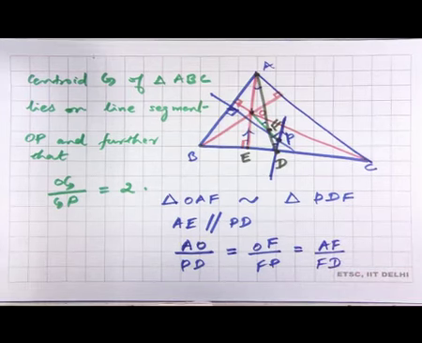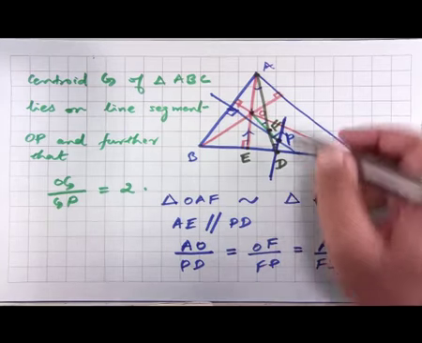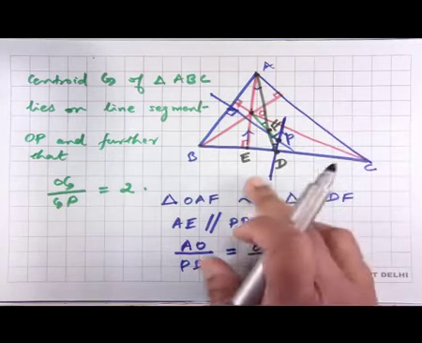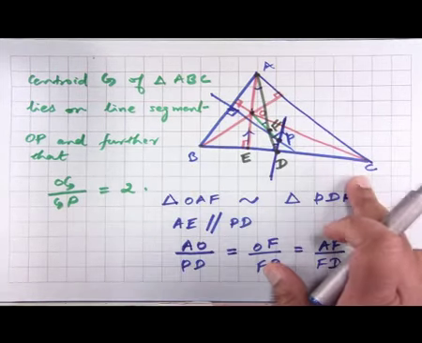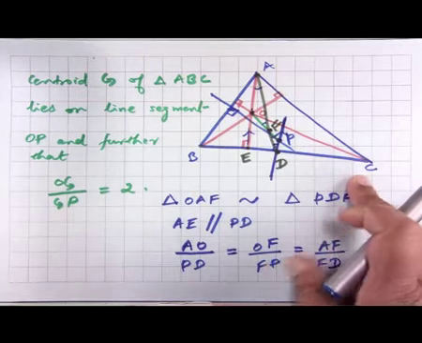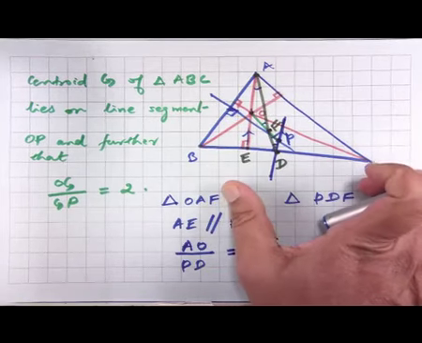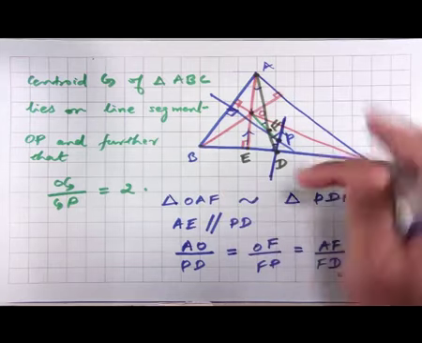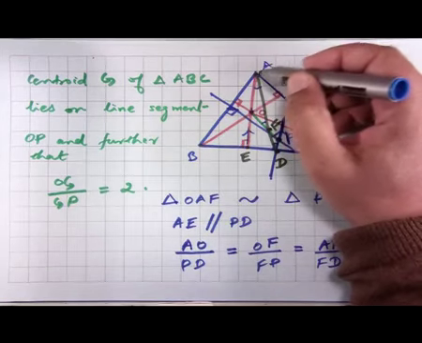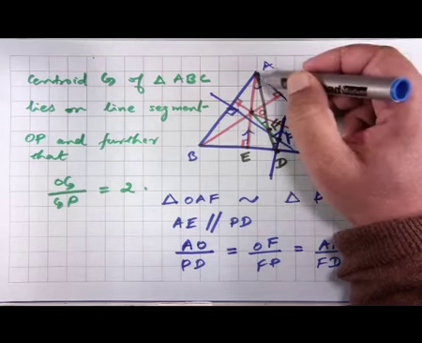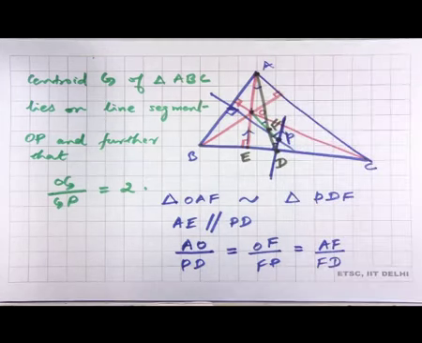Another point to be noted is that since this particular blue line is the perpendicular bisector of this side BC, it is clear that this point D is actually the midpoint of this side BC, and therefore, when I join this vertex A with D, this line segment AD happens to be a median of the triangle ABC.